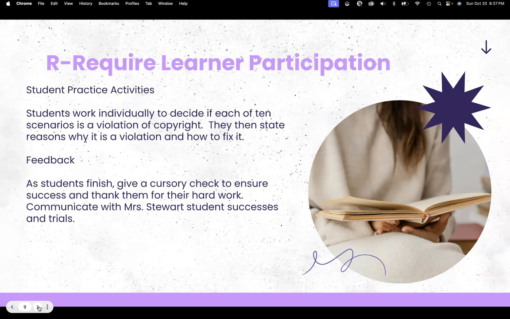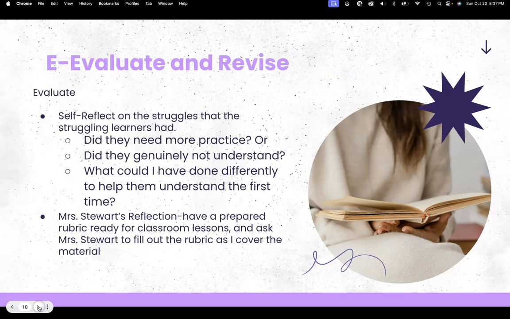As the students finish, in order to give them feedback, I would give a cursory check to their work and then ensure that the students were successful. I would thank them for their hard work, and then I would communicate with Mrs. Stewart which students had succeeded well and which students had some trials.